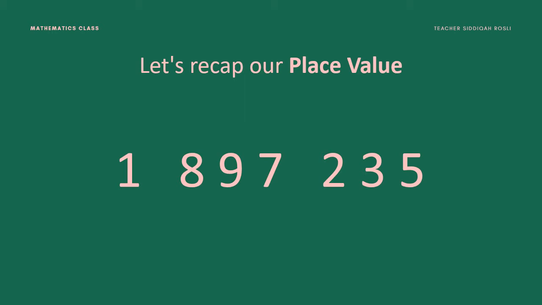And we all know from the back, starting with number 5, this is ones, followed by tens, hundreds, thousand, then we have 10,000, then we have 100,000, and we have the biggest place value as million or millions.